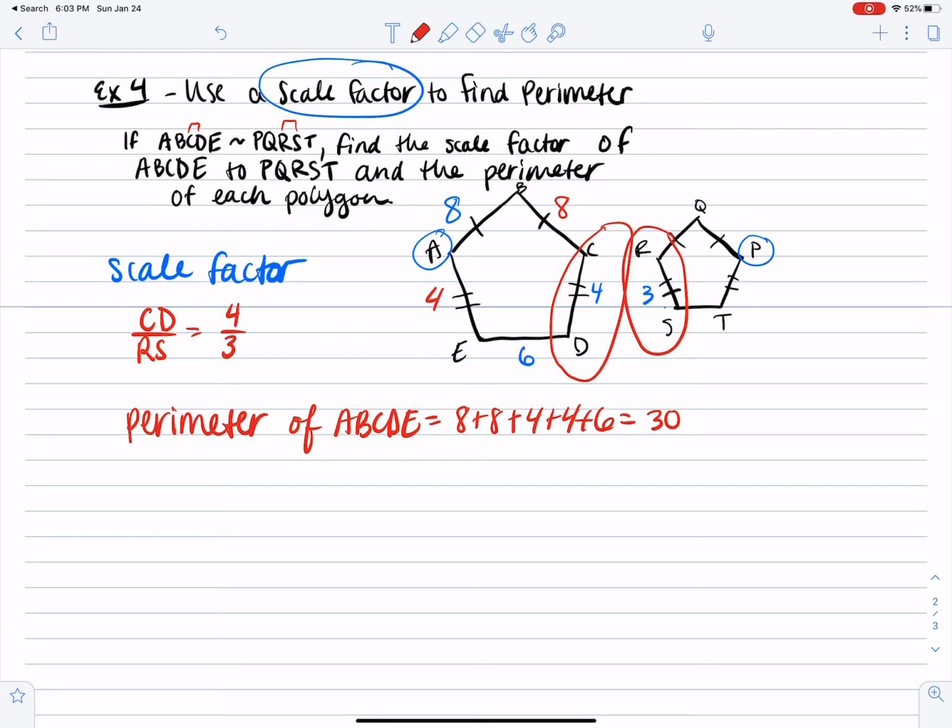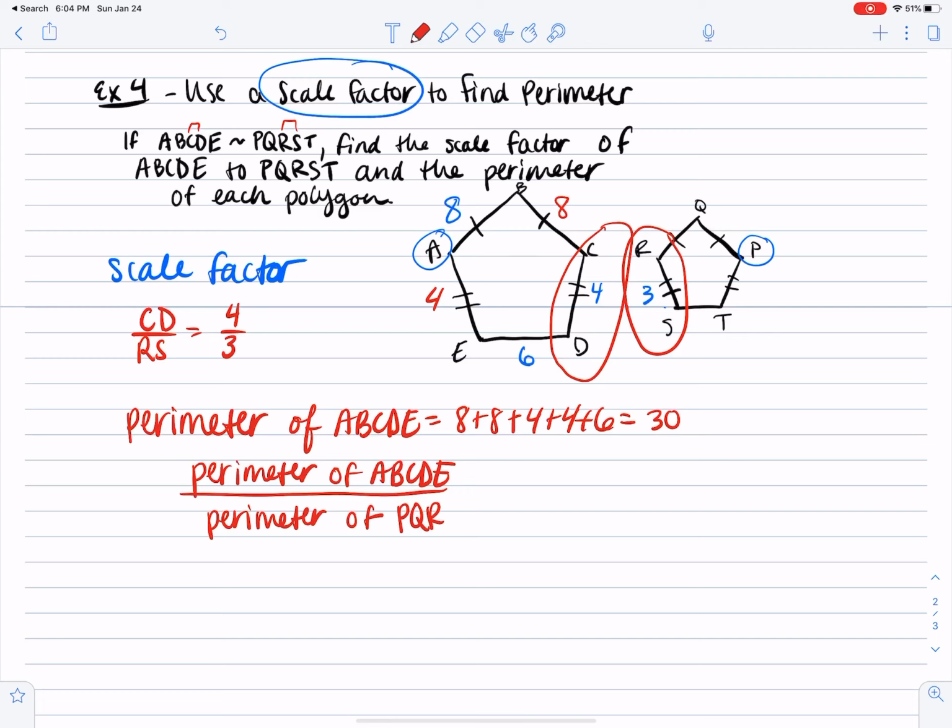So perimeter of A, B, C, D, E over perimeter of P, Q, R, S, T equals 4/3. Because remember, we put the 4, which matches with the A, B, C, D, E polygon, over P, Q, R, S, T, which goes with the 3.